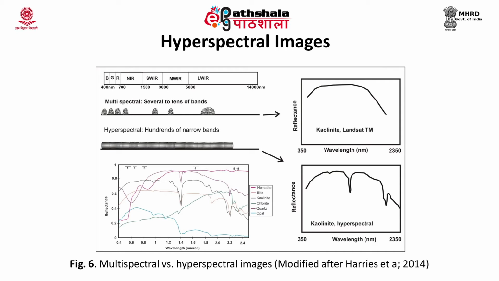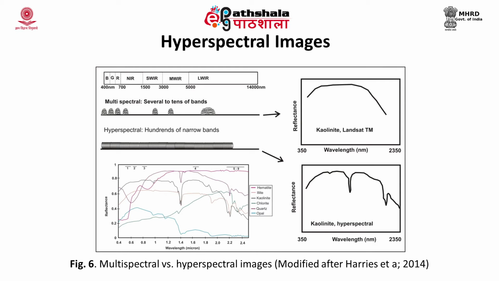Here you have several to tens of bands. For example, if you take kaolinite in Landsat TM and compare it with the hyperspectral image, you can see that Landsat TM gives a very simple curve, but in the hyperspectral we can see that for narrow bands the reflectance is different. So, we can very clearly see those changes in the different minerals, and it will be helpful to discriminate different minerals.